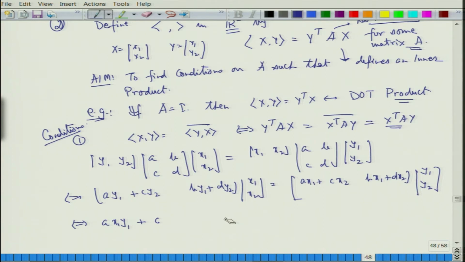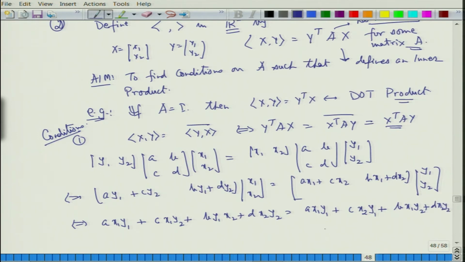So I am multiplying x here, so c times x1 y2 plus b times y1 x2 plus d times x2 y2. Here it is equal to a times x1 y1 plus c times x2 y1 plus b times x1 y2 plus d times x2 y2.